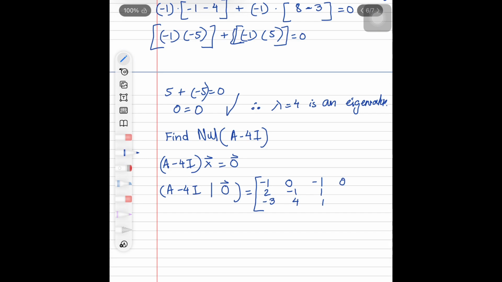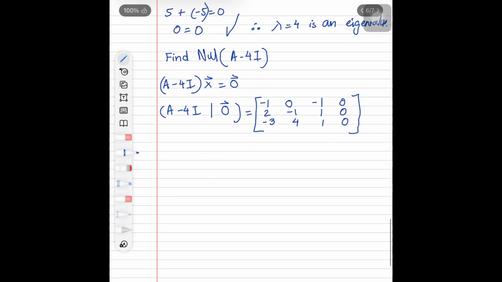So we'll put the 0 vector alongside, and we have our augmented matrix. Let's do a bunch of row operations. We can do 2r1 plus r2.